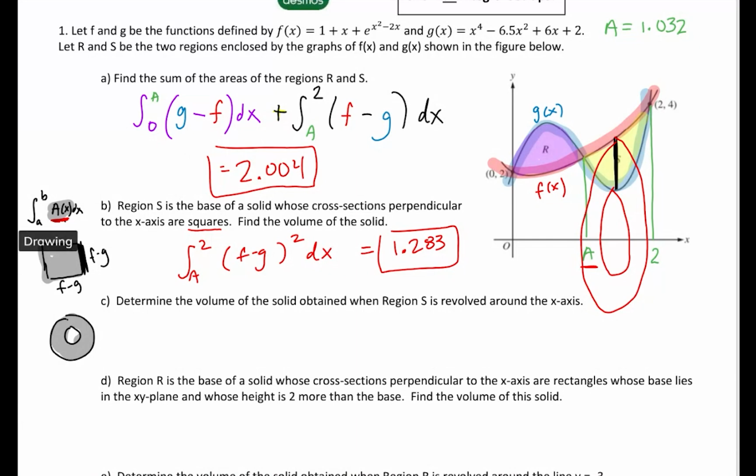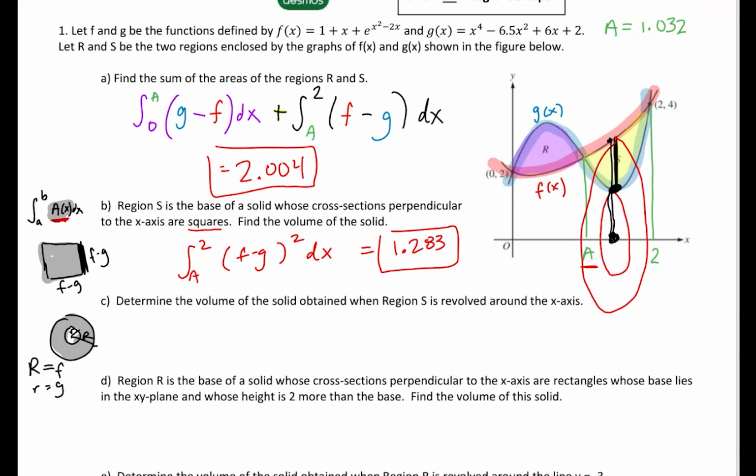The big radius, big R, from here to here, is going to be defined by f. And little r, from here to here, is going to be defined by g.